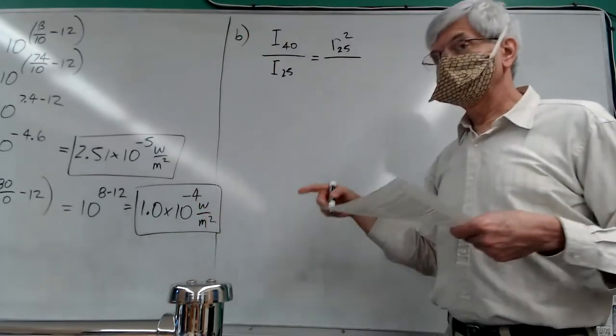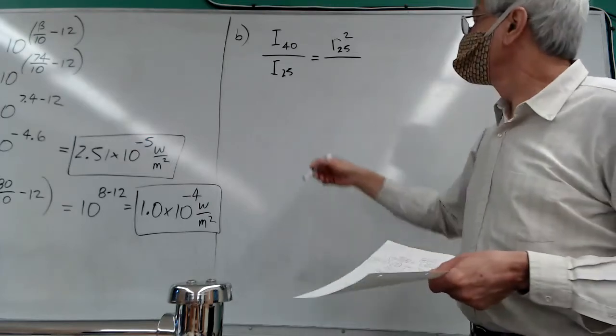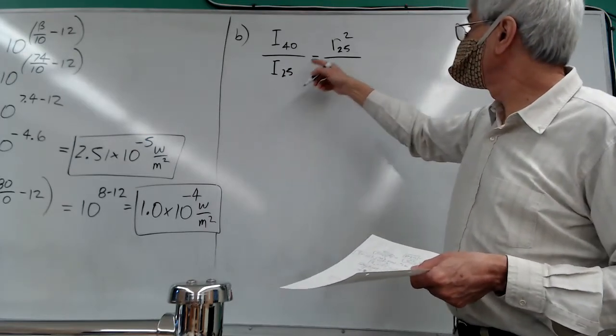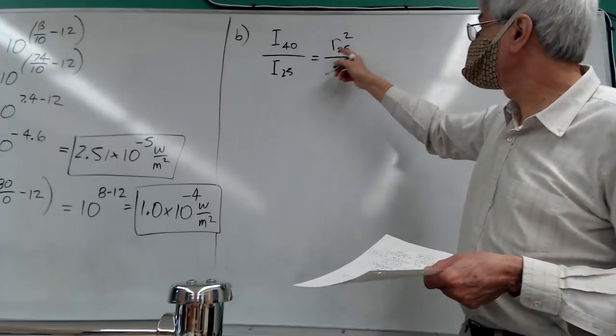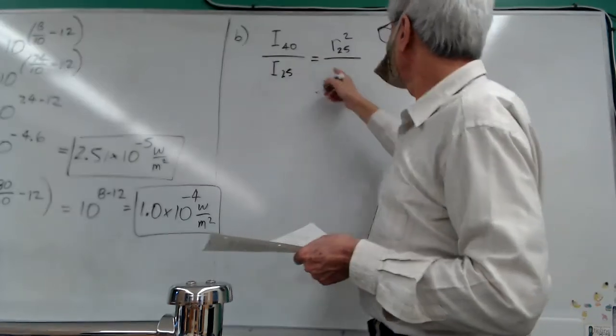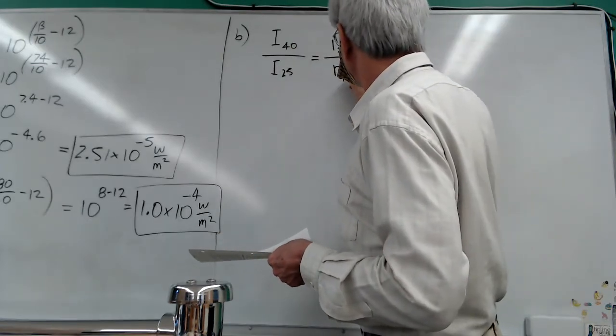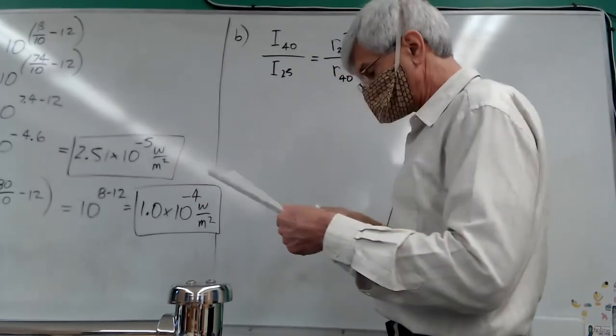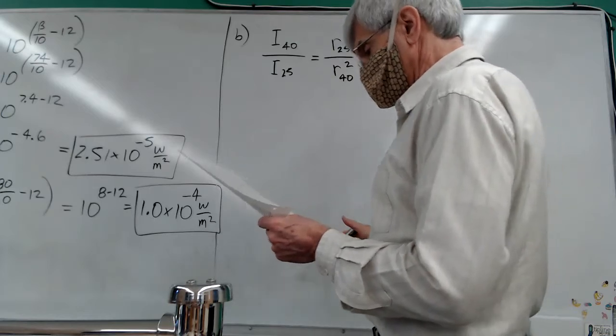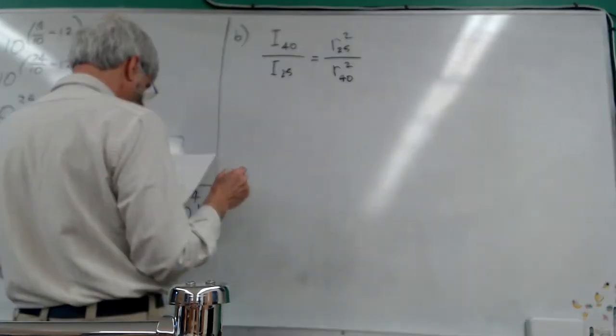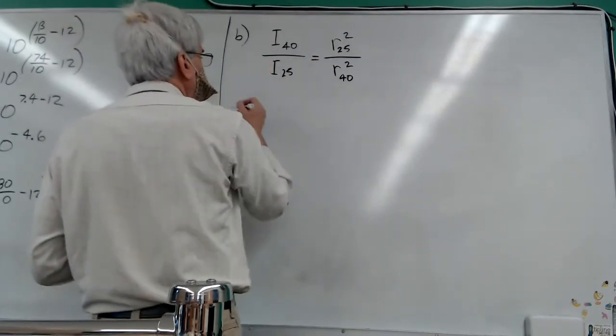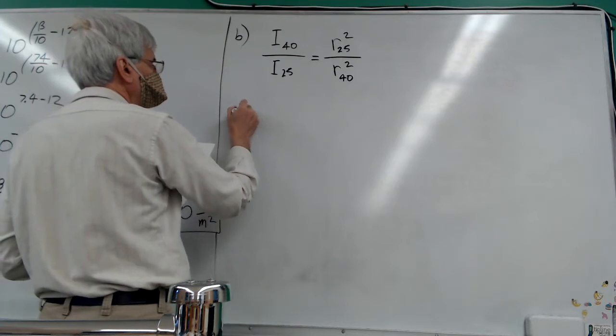The reason that it's an inverse square law is that if 25 is on the bottom here, 25 is on the top there. And if 40 is on the top here, it's on the bottom there. So the intensity at 40 is what we're looking for.